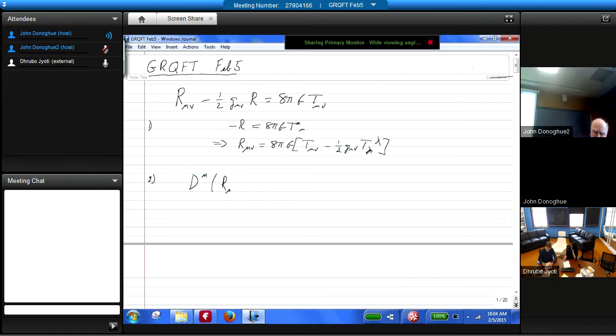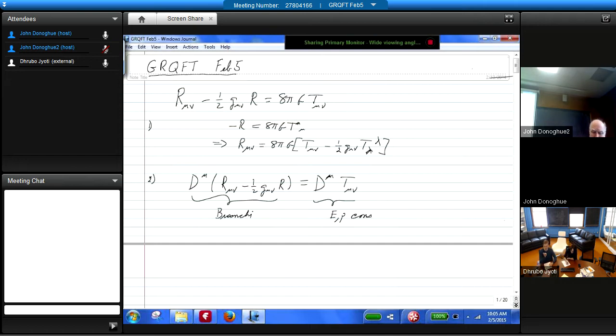The other thing I didn't say is there is a conservation law: the covariant derivative of R_{μν} − 1/2 g_{μν} R equals the covariant derivative of T_{μν}. The left side vanishes by an identity I gave you earlier, which went under the name of Bianchi, and the right side vanishes by energy-momentum conservation.